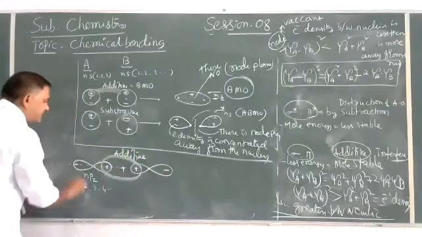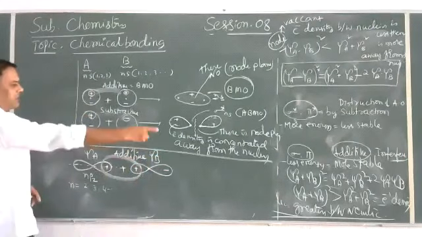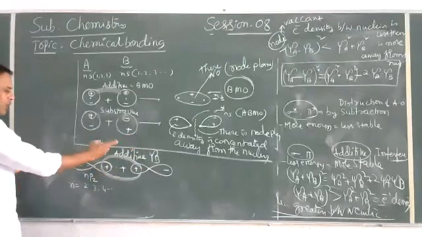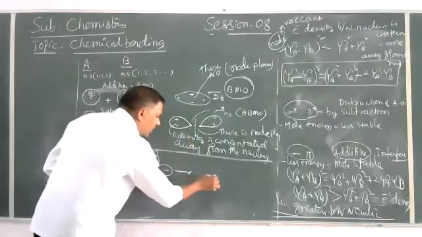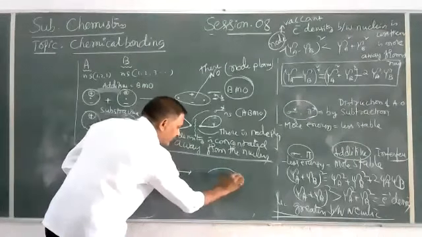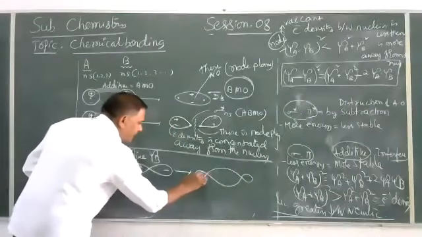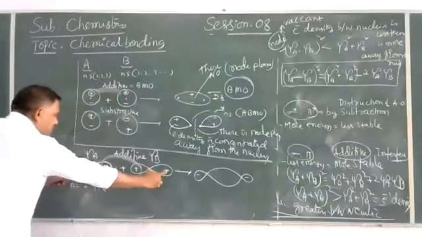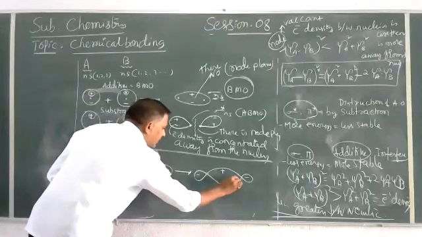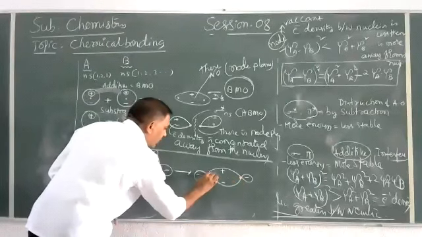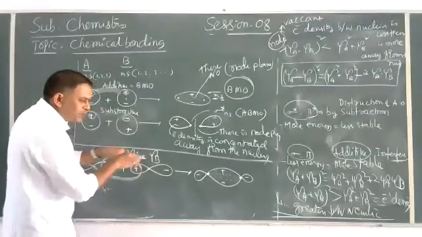Additive takes place, that is psi A and psi B, just like explained, (psi A plus psi B) whole square. Then it forms a sigma covalent bond. With minus and minus end lobes, or plus, the electron density is concentrated between the nuclei. There is no space between the two nuclei.